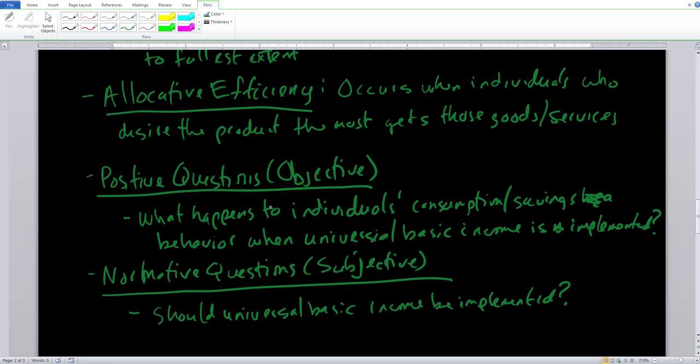We want to focus a little bit more on what the data provides to us. So once again, we want to focus in on issues of efficiency, and we want to try to ask more positive types of questions. We want to go away from issues of equity and asking normative questions. That's where government officials and policymakers are a little bit better equipped to answer those type of things.